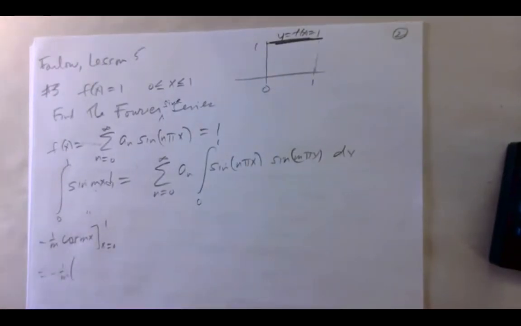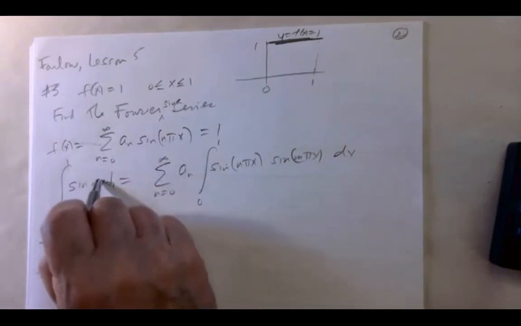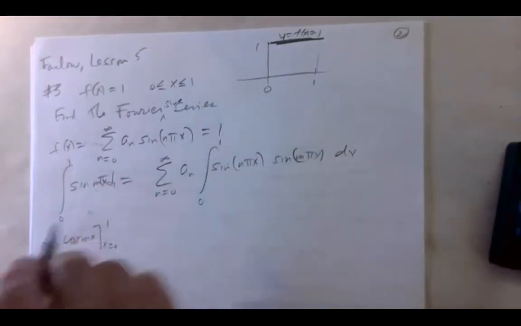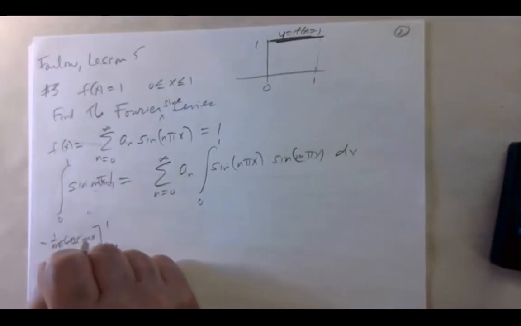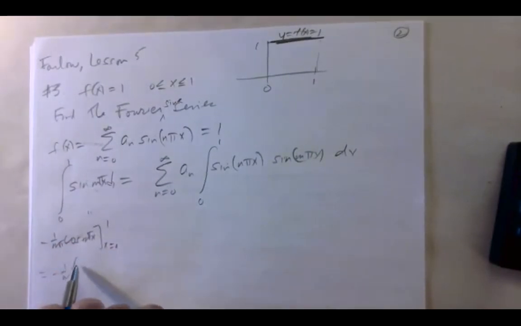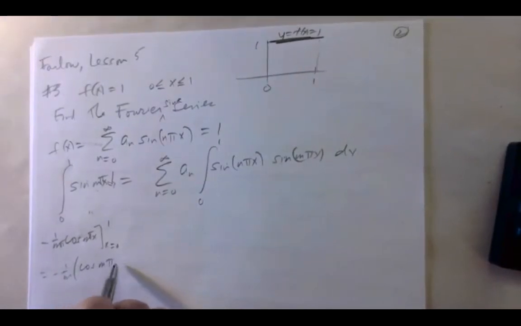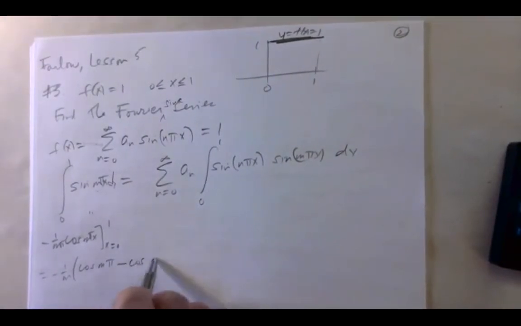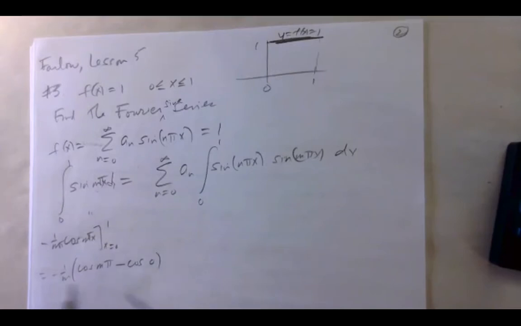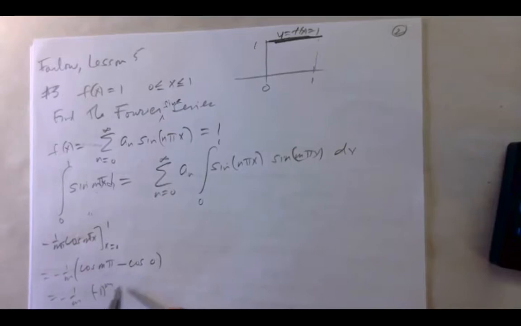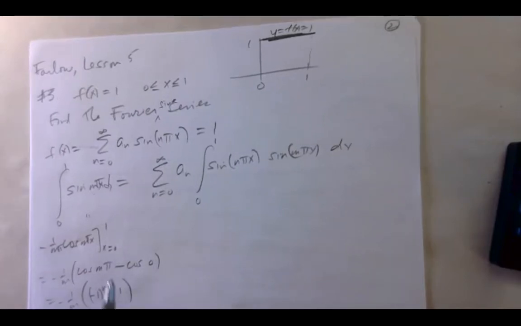Oops, sorry, I left out the pi. m pi x. So this is 1/m pi times cosine of m pi minus cosine of 0. And this is -1/m pi times (-1 to the m minus 1).